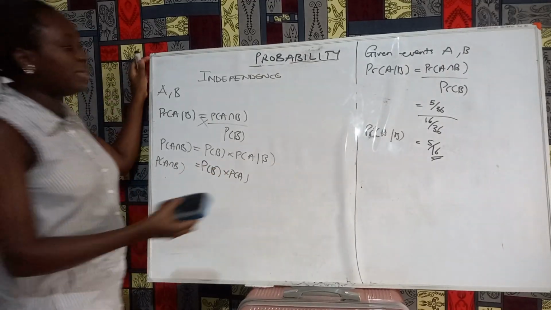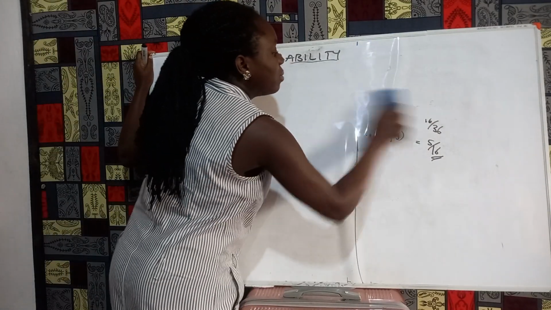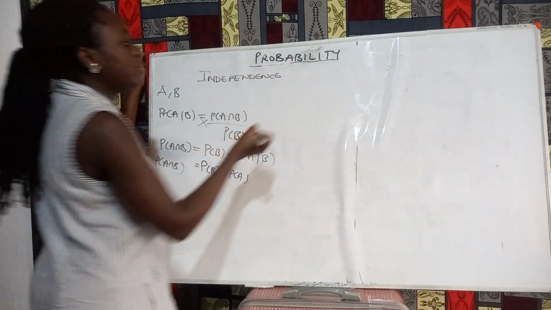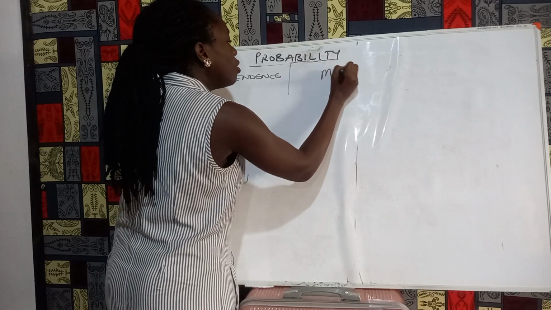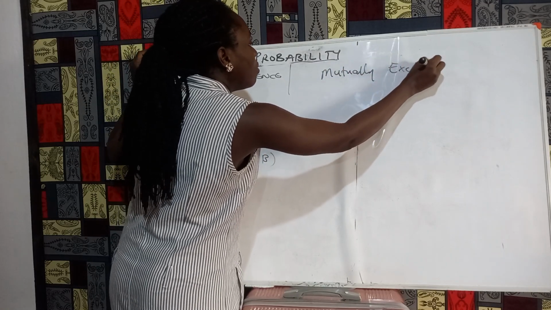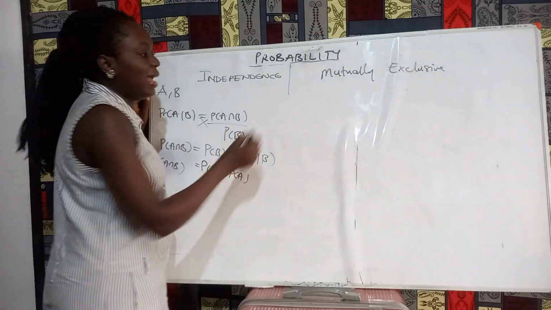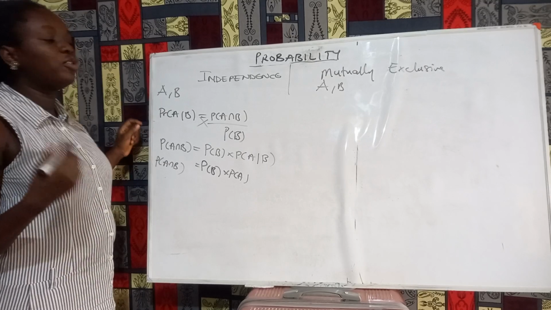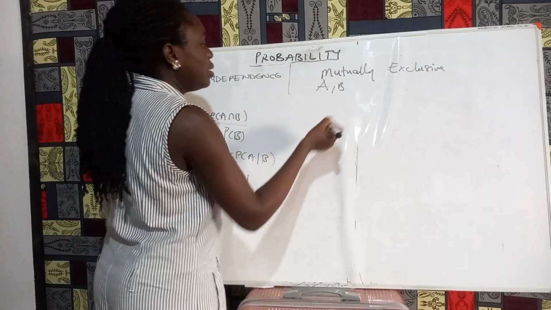I want to establish something here before we end this session. There's a concept called mutually exclusive. Two events A and B are mutually exclusive if they have no common elements.